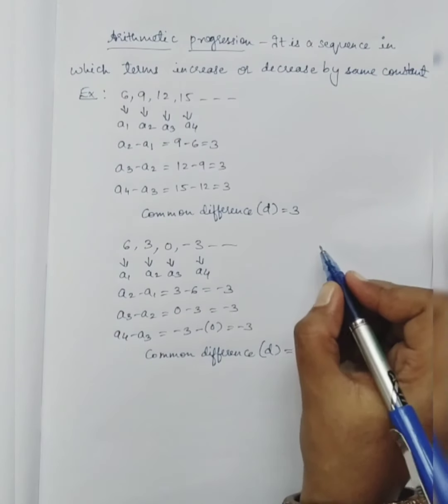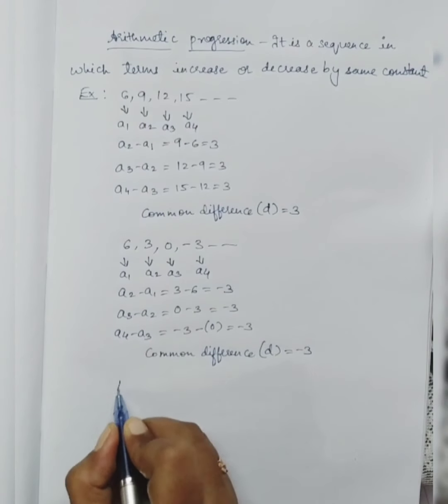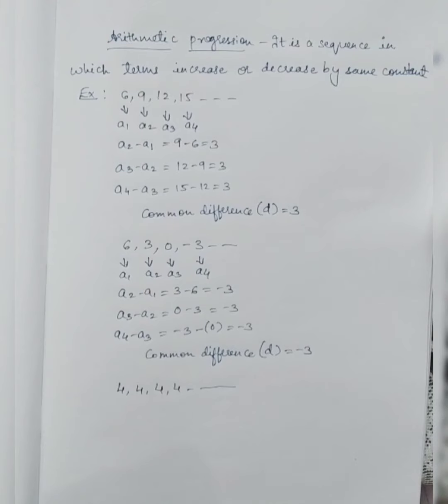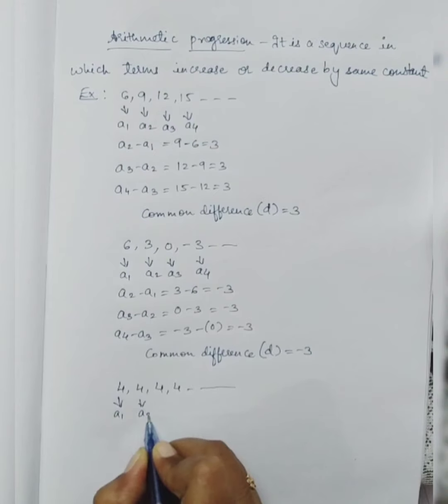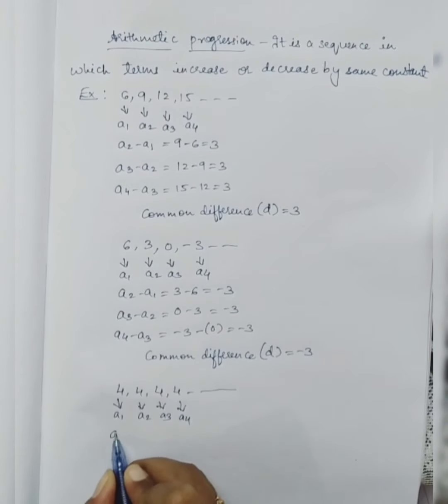Next, how AP can be 0? We are going to take the example over here. 4, 4, 4, 4, so on. I have taken here 4. You can take any other number and prove that AP is 0. So see, similarly this is also A1, A2, A3 and A4. I am going to write it as A2 minus A1.